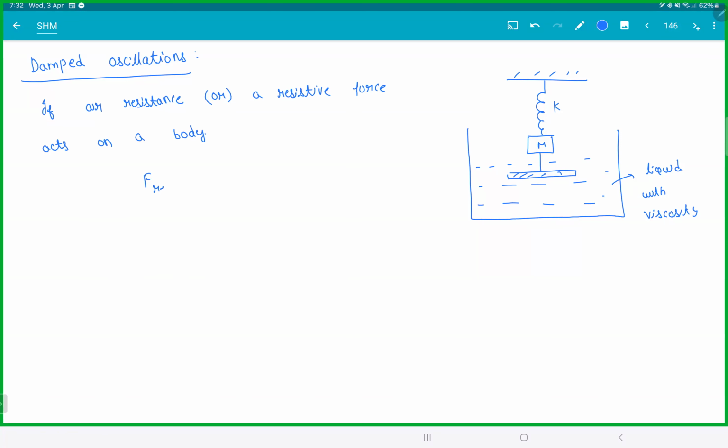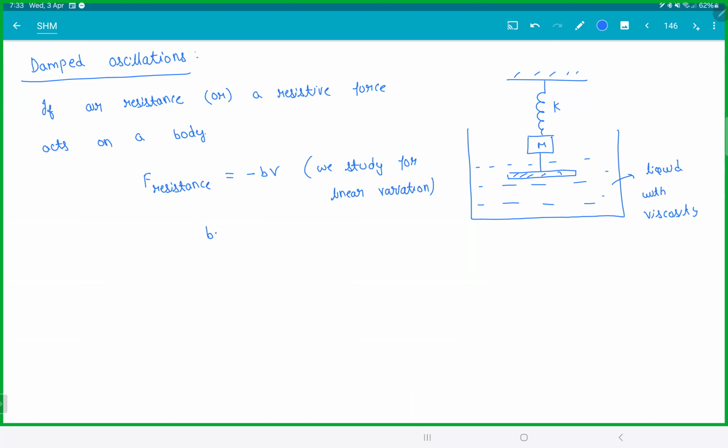again, we'll study for a special case. If F resistance is some minus bV, it can be bV square also. It can be bV to the power 1.5. It can be anything. We study for linear variation. Meaning it's so complex.